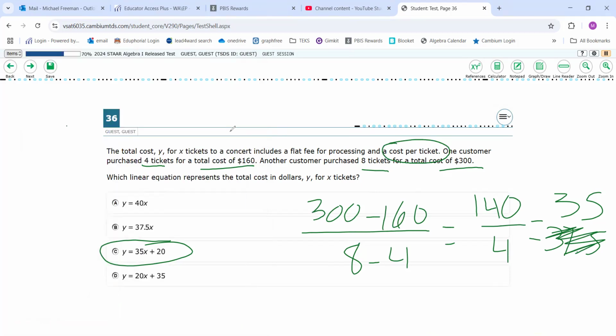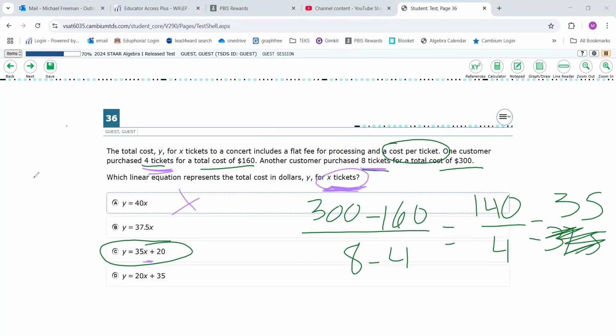I could have done that. If my X value is the number of tickets, I can just plug my X numbers into my equations to see which one is true. If I plug in 4 times 40 is 160, but 8 times 40 is not 300. So I could have done that.